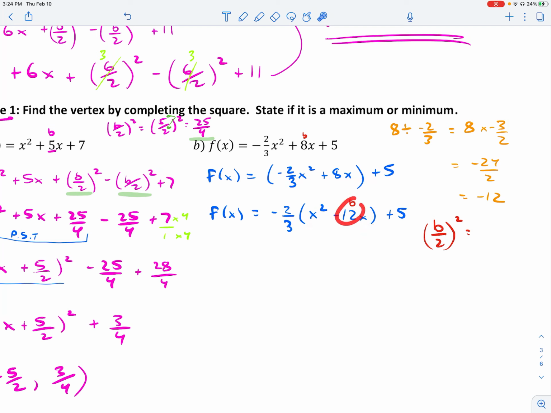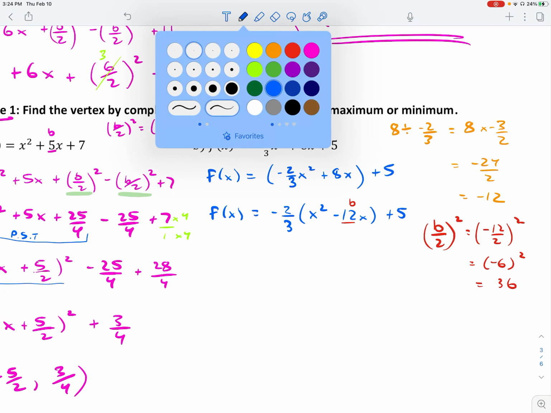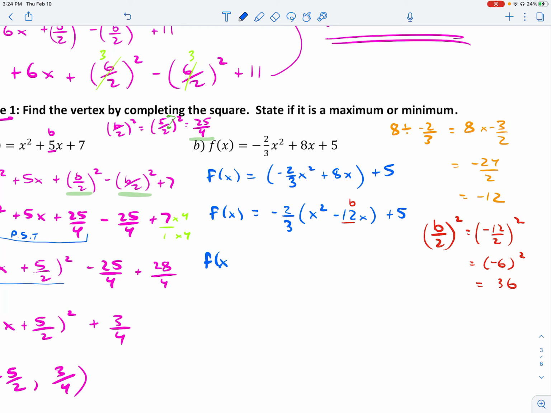We want to use this one. So don't make that mistake. We're grabbing that b value, which is negative 12. Negative 12 over 2, that's just negative 6. Negative 6 squared is 36. So we're going to add and subtract one of these inside the bracket. So let's go ahead and do that.